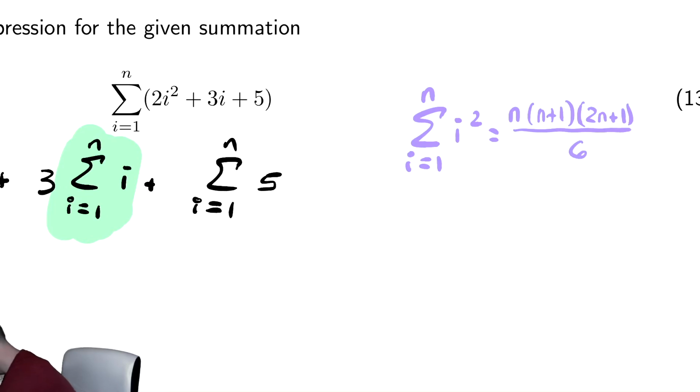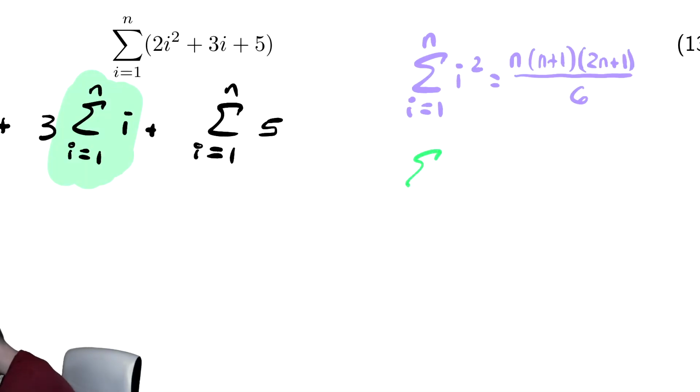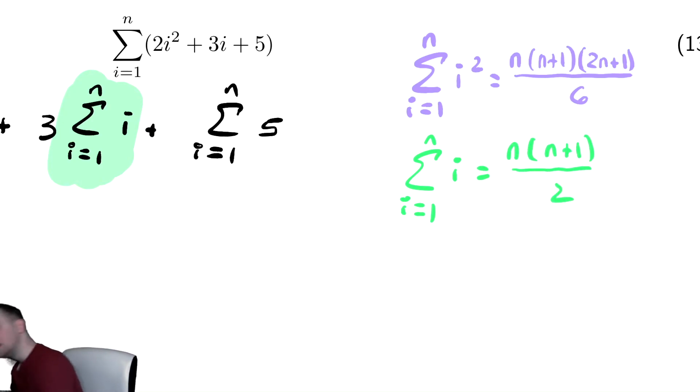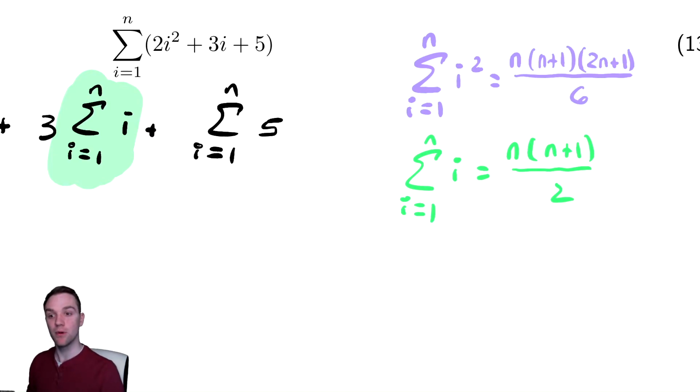And similarly, we had a formula for the sum from i equals 1 to n of i. We proved that formula actually: it is equal to n times n plus 1 divided by 2. Let us use both of those formulas and see what we get.